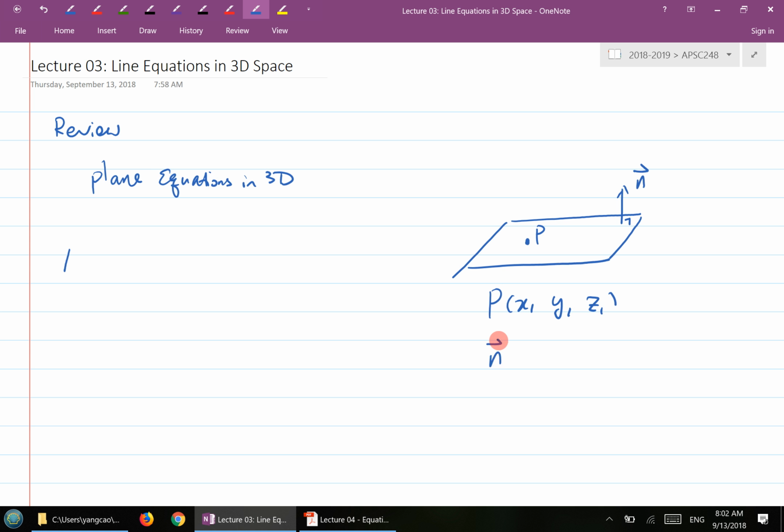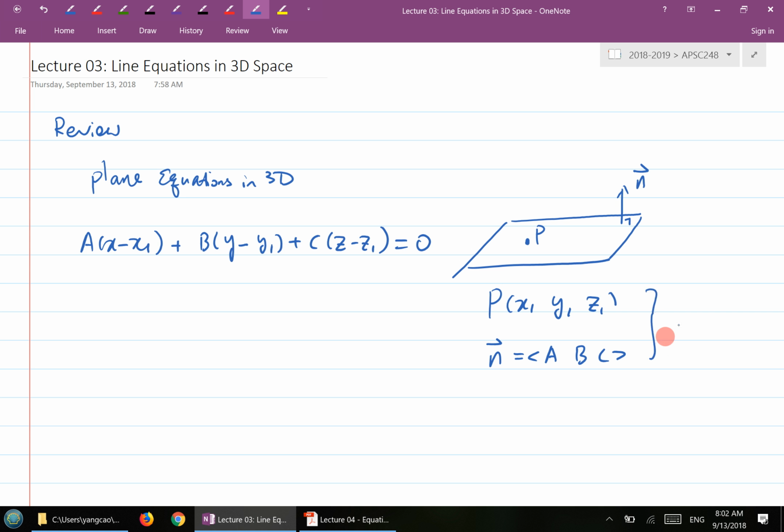If the normal vector is a, b, c, then the plane equation is basically a times (x minus x1) plus b times (y minus y1) plus c times (z minus z1) equal to 0. So these two pieces of information are what you need to find in order to construct a plane equation.